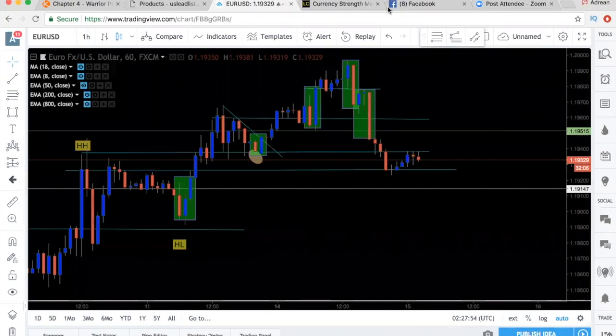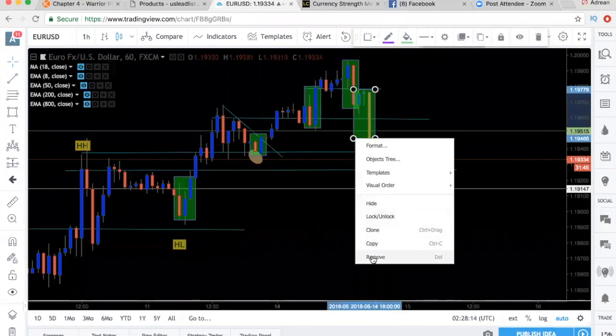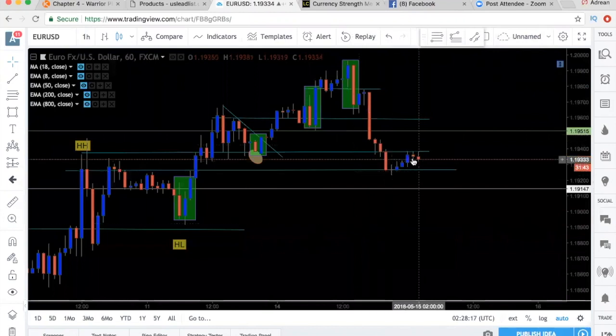Lower lows? What have we been talking about pretty much this whole time? Candlestick formation. So you want to see like a bearish engulfing candle break through that support? Yes, exactly.